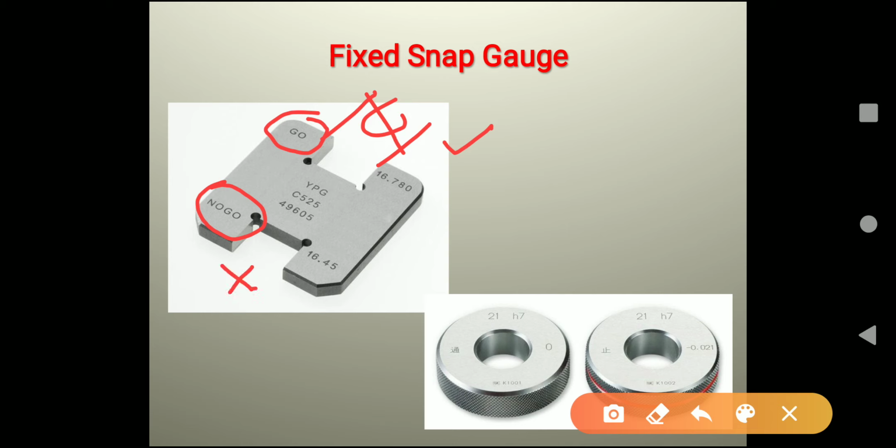If it passes through the no go also, then it is undersize. So we have to reject the undersize shafts, because we can't rework on it. We can't add material to a particular shaft. Here the ring gauges are master ring gauges, one is go and the second is no go.